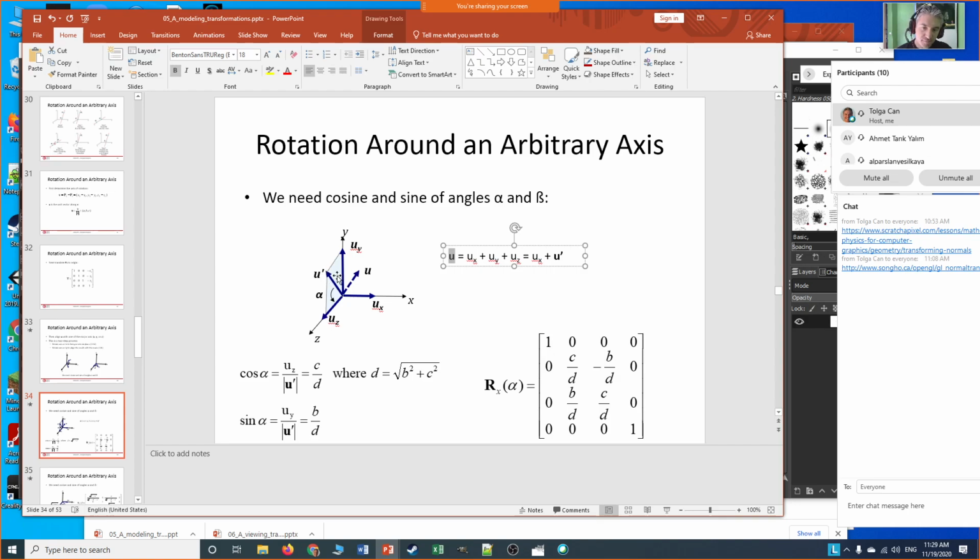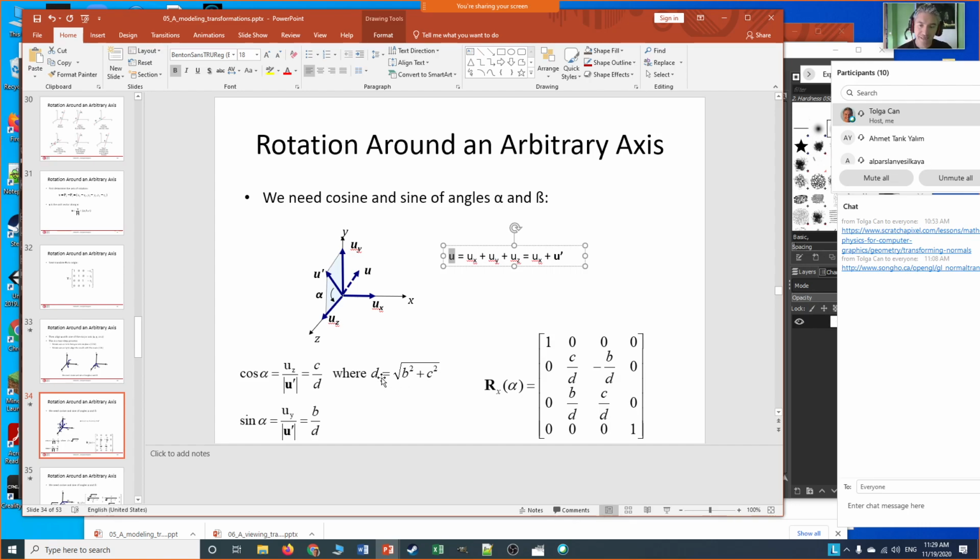It's nothing but the same vector in which the x coordinate is dropped. So here u prime is the vector 0, b, c, and the length of this u prime vector is the square root of b squared plus c squared.